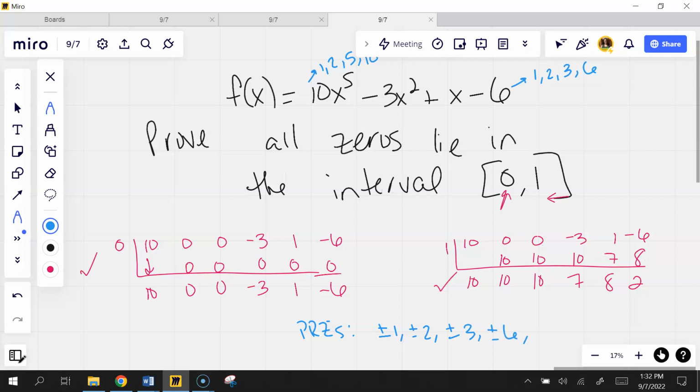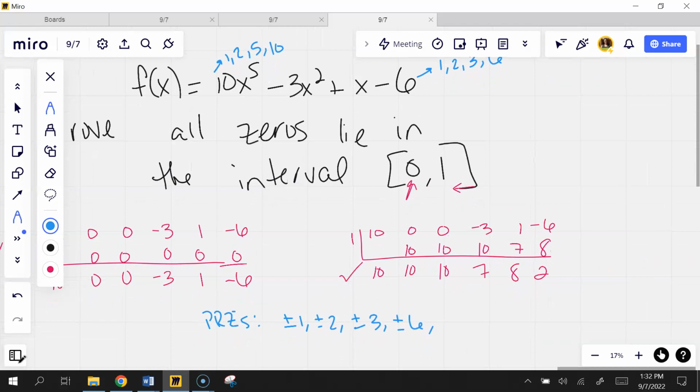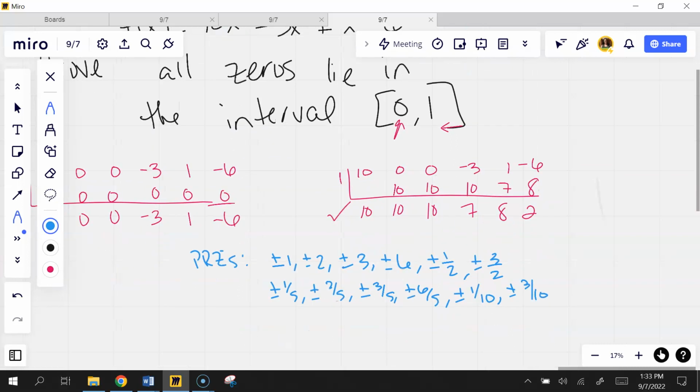Now I divide everybody by 2. 3 halves. Now I divide everybody by 5. Now I divide everybody by 10. 2/10 is 1/5. That's already on there. 3/10. Yeah.